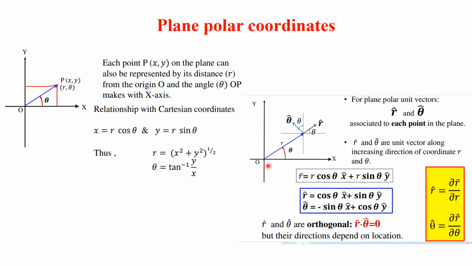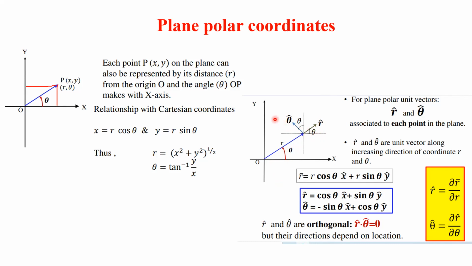Therefore, in terms of plane polar coordinates, just like we have x cap and y cap, I can introduce two unit vectors corresponding to the plane polar coordinates, which are r cap and theta cap. So r cap is a unit vector pointing in the direction in which r increases, and theta cap is a unit vector that points along the direction of movement of the particle.